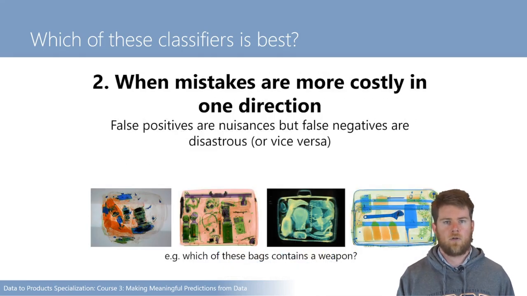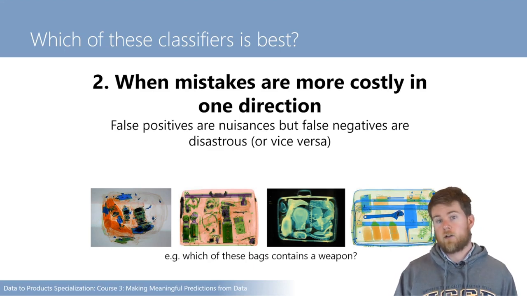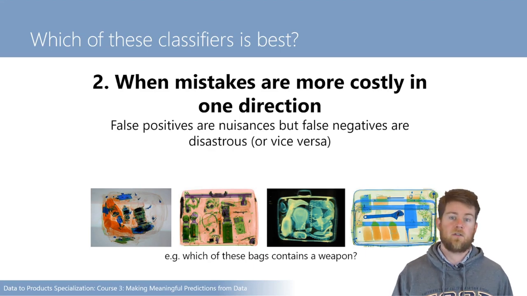Okay, a second setting might look like this. Imagine you're scanning baggage at an airport and you're trying to look for dangerous items. What kind of classifier should I choose to do this? So the classifier decides, is there something dangerous, yes or no? And if yes, maybe it will get additional screening. So in this case, we have one type of mistake being very costly and one type of mistake being just a nuisance.